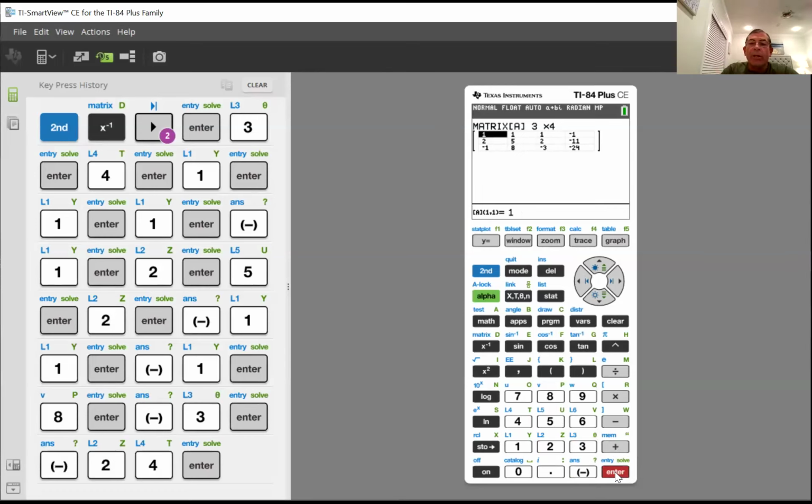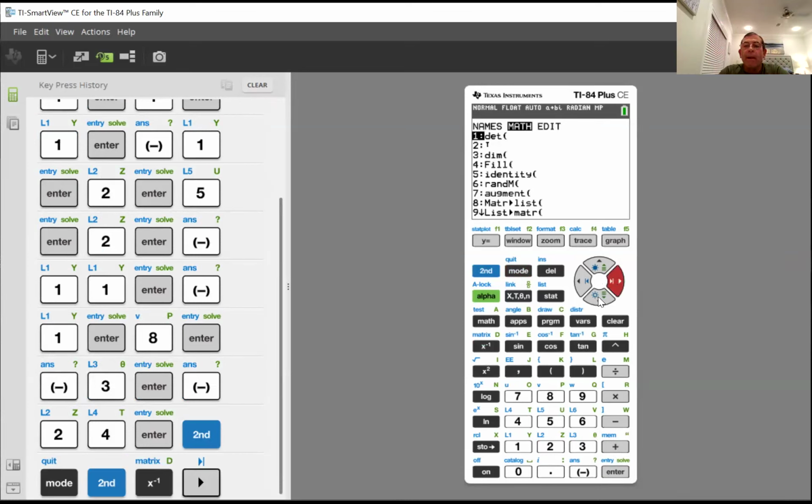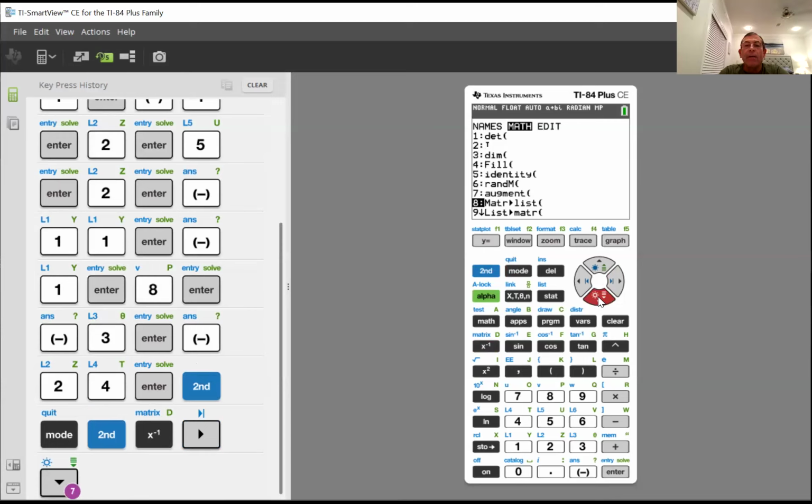So now we quit the screen, remember. So second mode. Y'all, but what's nice? Everything else is the same as we've been doing. We're going to go get the RREF. Then we'll come back and get that matrix. So second, x -1, go to math, and then go down to RREF.